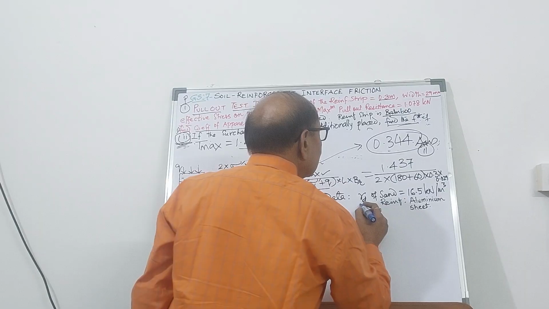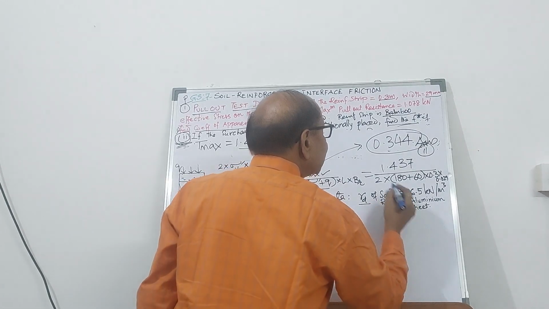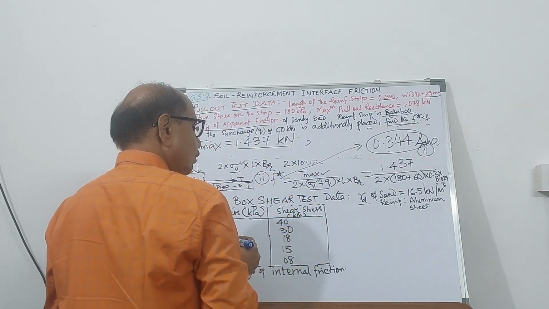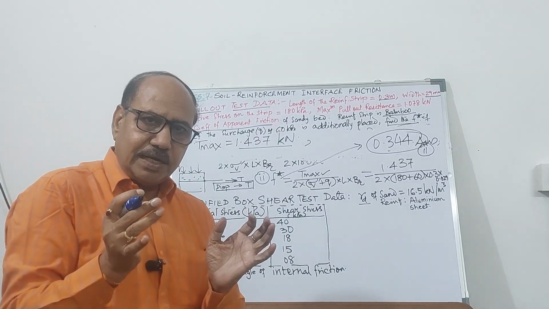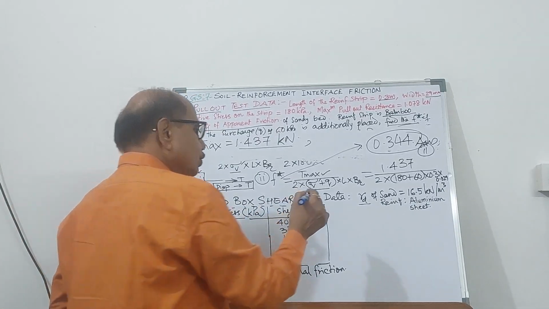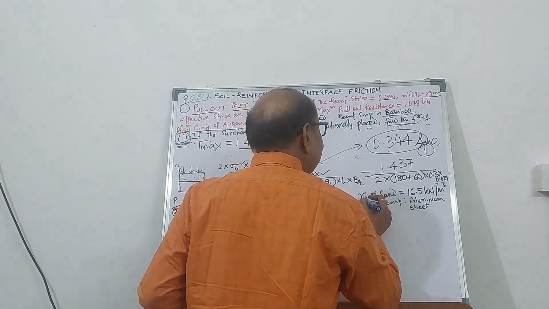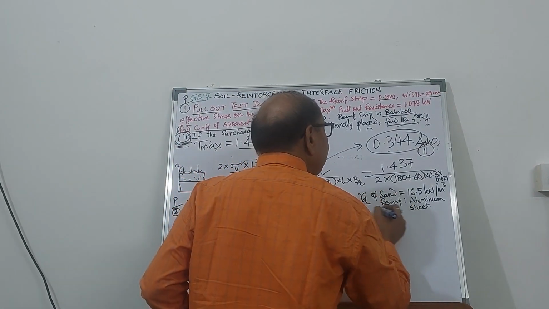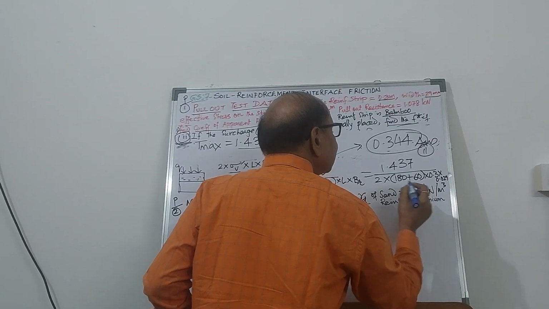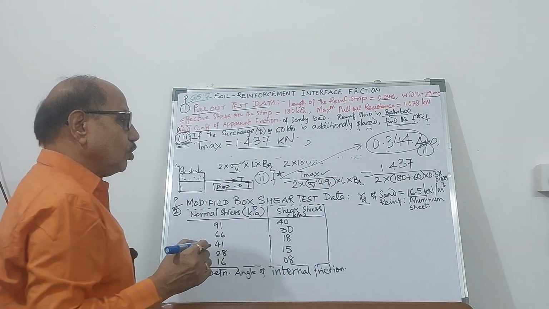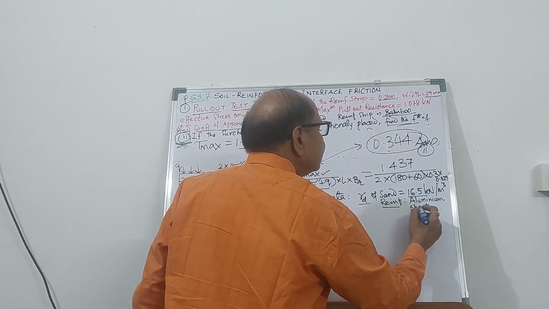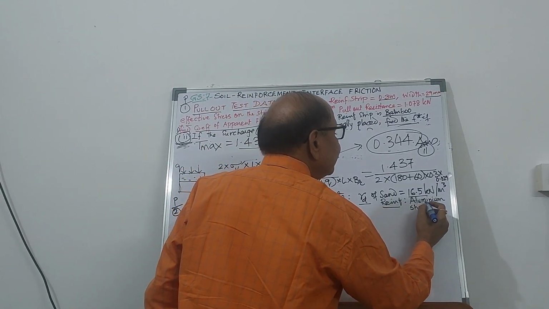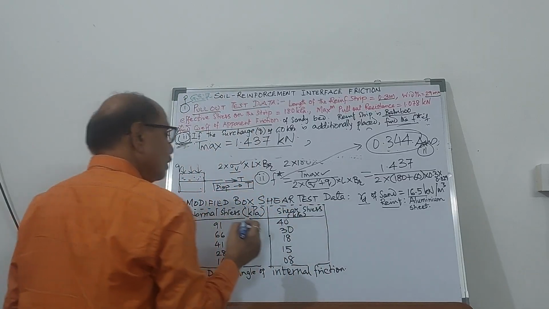The dry unit weight of sand, which is in the shear box of size 60 mm by 60 mm, so that is the cross-sectional area, is given as 16.5 kilonewton per cubic meter. And the reinforcing element is an aluminum sheet.